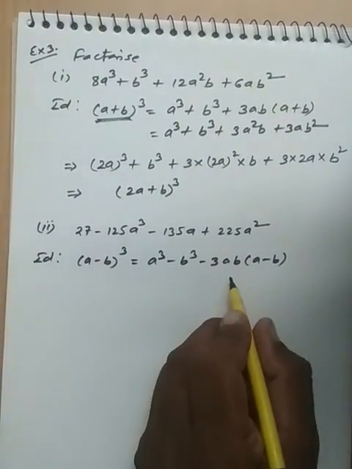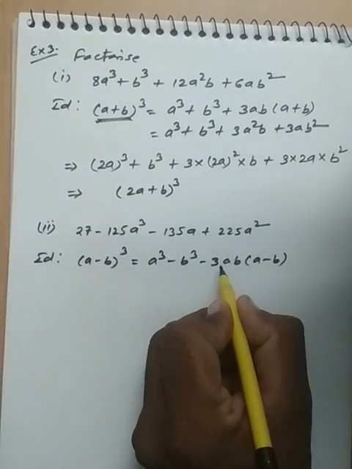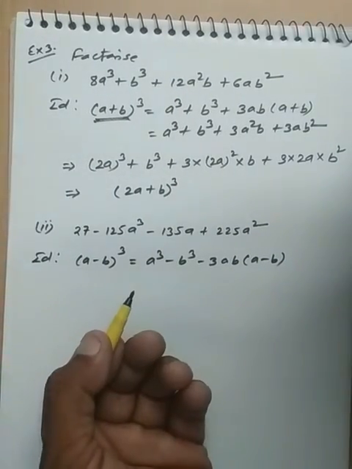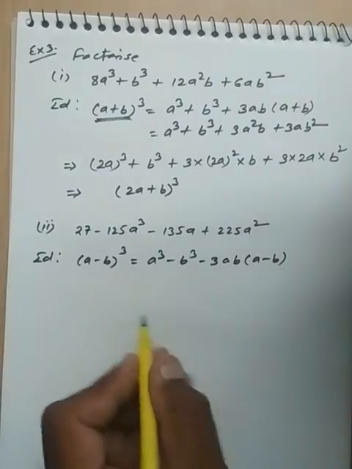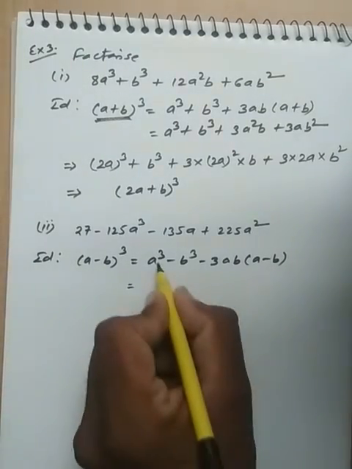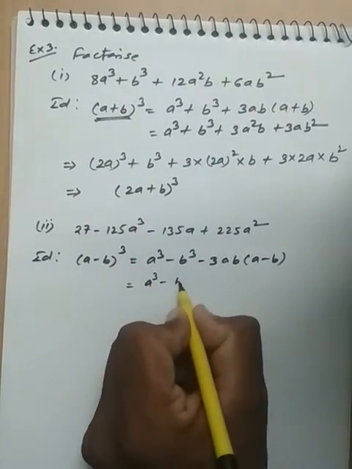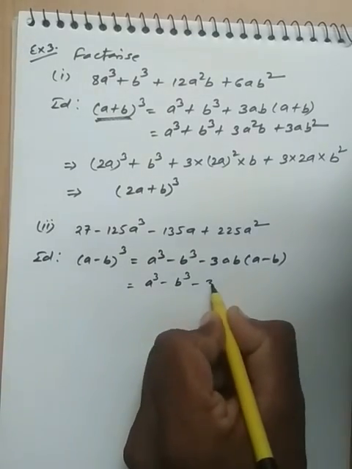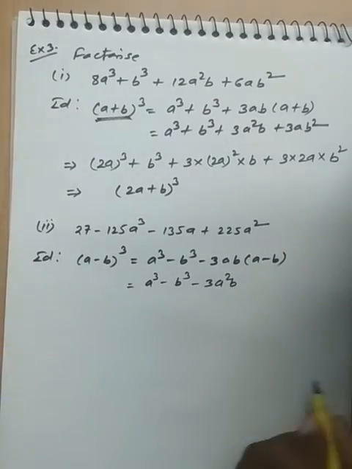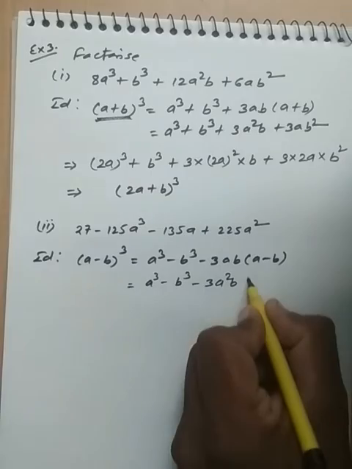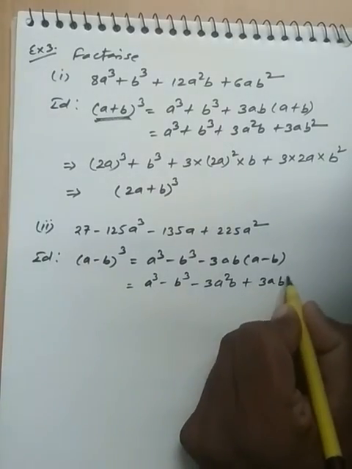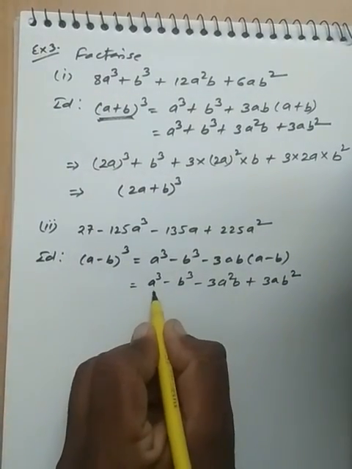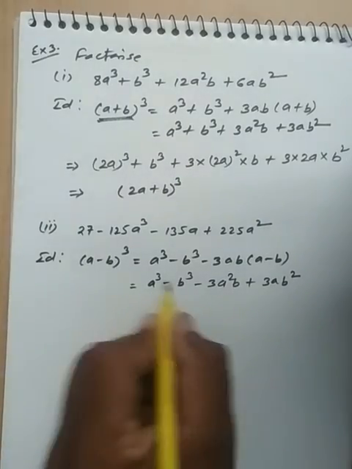Here we can use the multiplication of 3ab into (a minus b), and directly we can use it also. So a cube minus b cube minus 3a square b, and minus minus plus 3ab square. So first of all, make the whole cube of the first two terms.